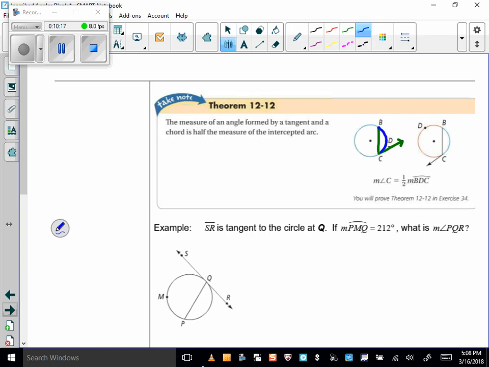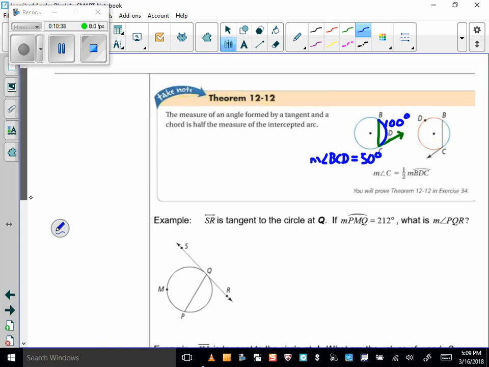So for instance, if this arc measured, I don't know, let me say 100, then the measure of angle BCD would be half that, or 50 degrees. That's all that theorem tells us.